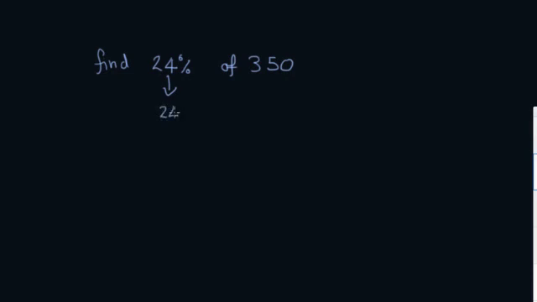So again, it's 24 over 100, and then to find 24% of 350, we would just multiply that by 350. Input the numbers into your calculator and you should get 84.